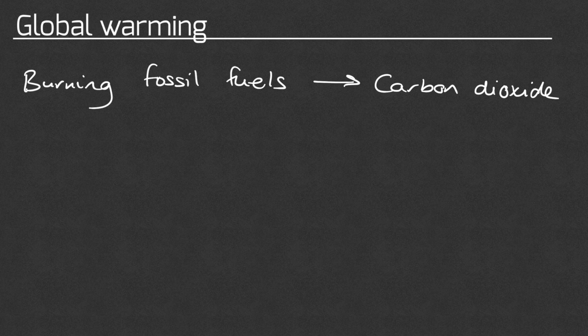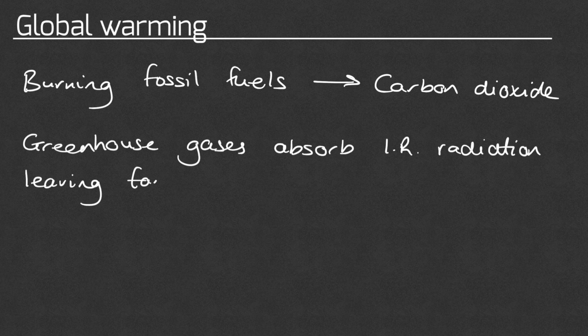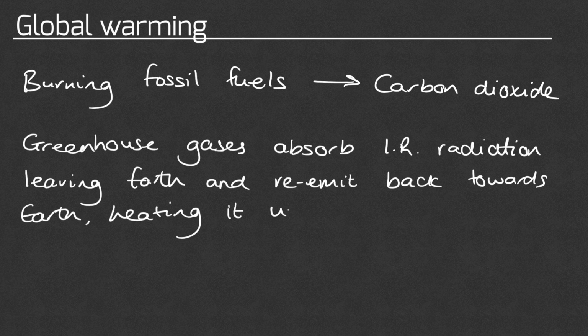Burning fossil fuels releases carbon dioxide, a greenhouse gas. Greenhouse gases absorb some of the infrared radiation leaving the Earth and then re-emit this back towards the Earth, keeping it warm. This is known as the greenhouse effect.